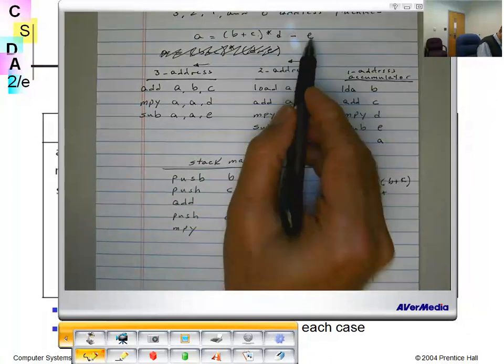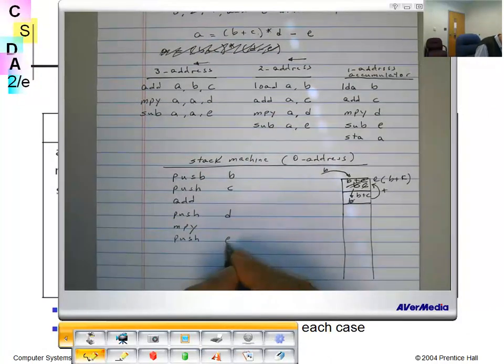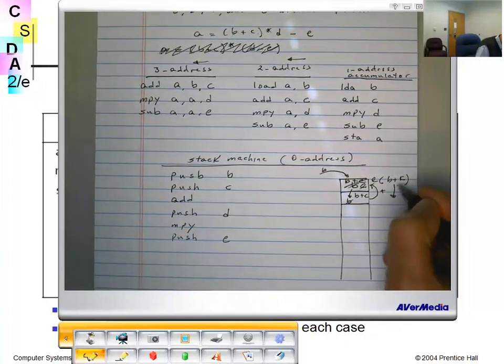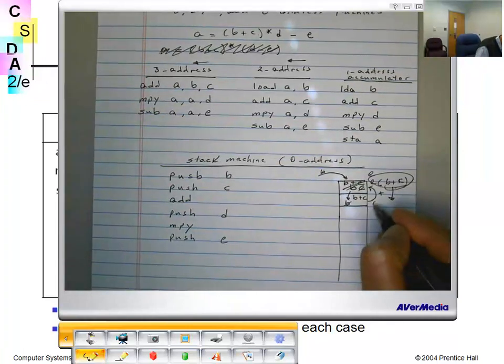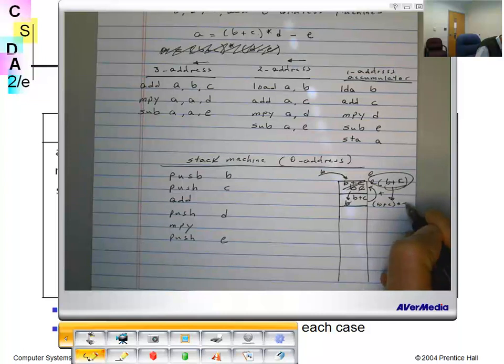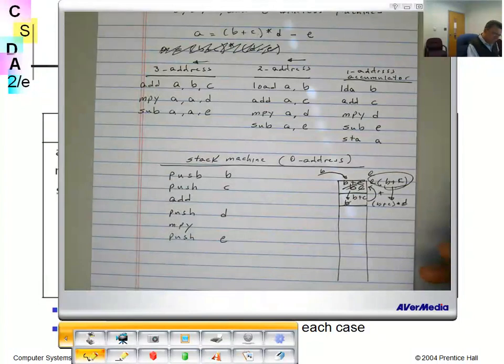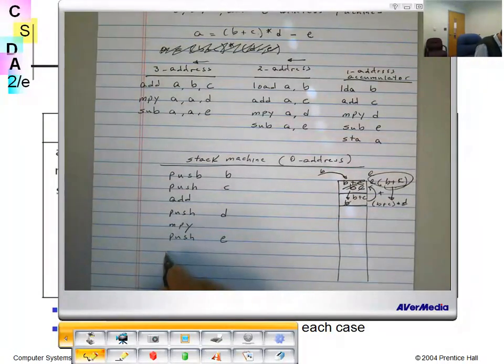Now I need to push E, so this one moves to here, and I have E up here. So here I have B plus C times D. Right? So E is in. Now I say subtract.